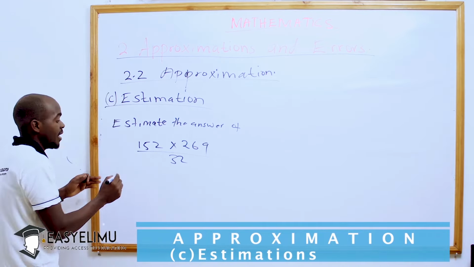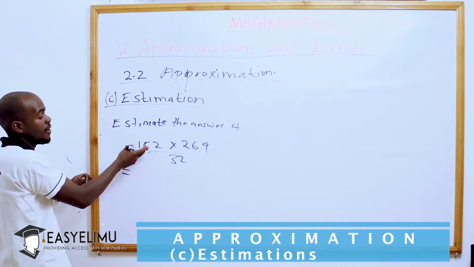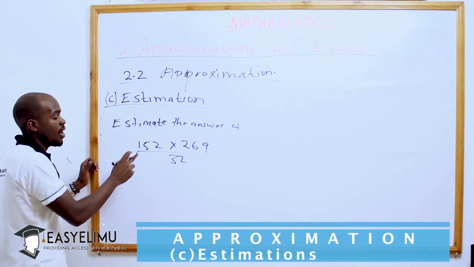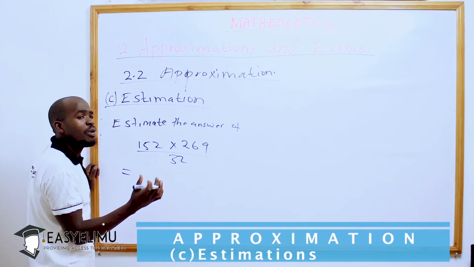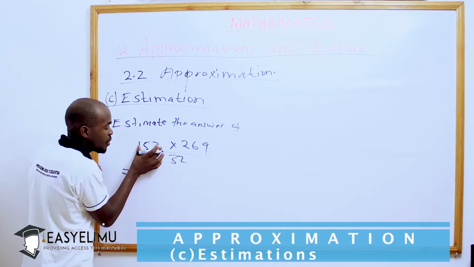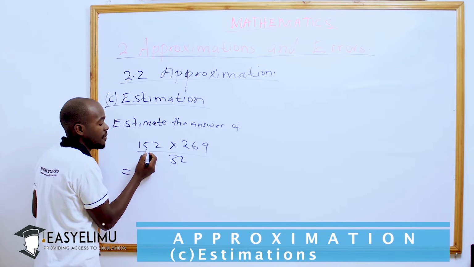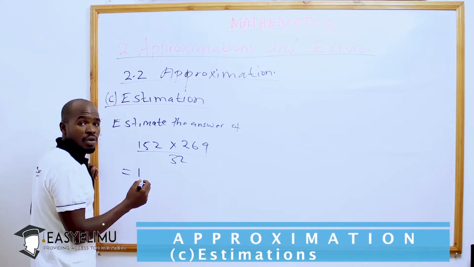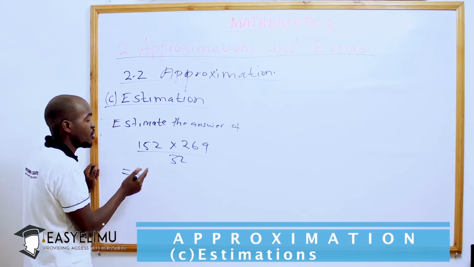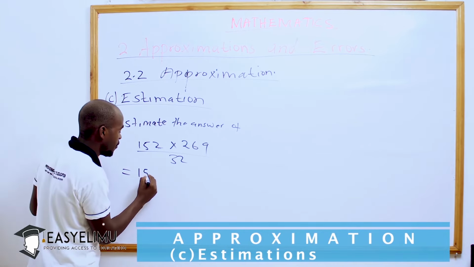So here I may round off. The first one I will round off is 152. If I round off to the nearest possible number, I will check at the digit 2 for rounding this 5. That one is less than 5, so I will have 150.